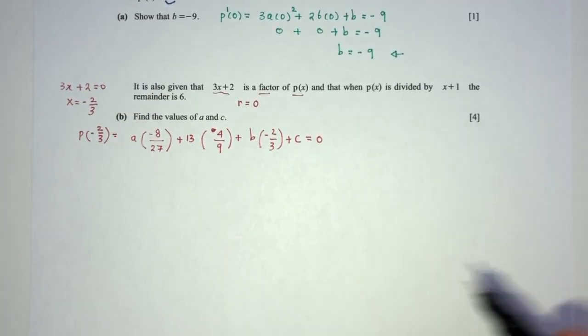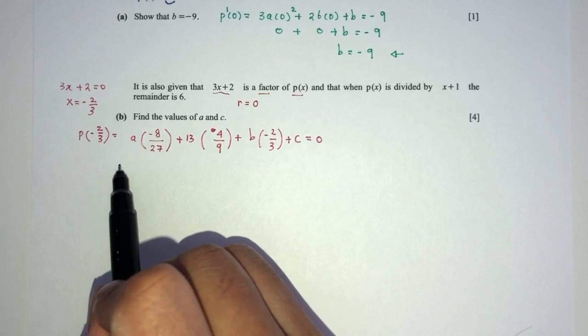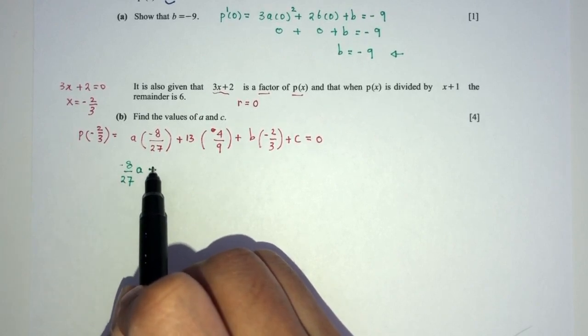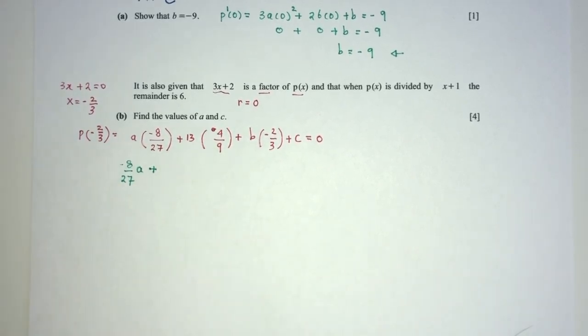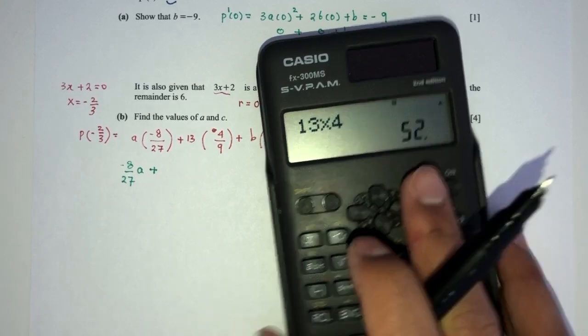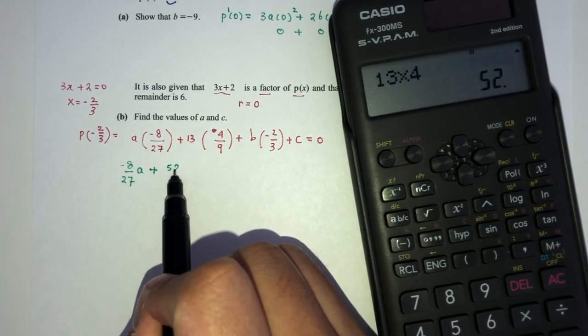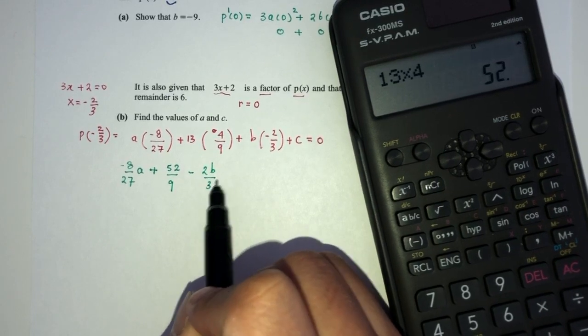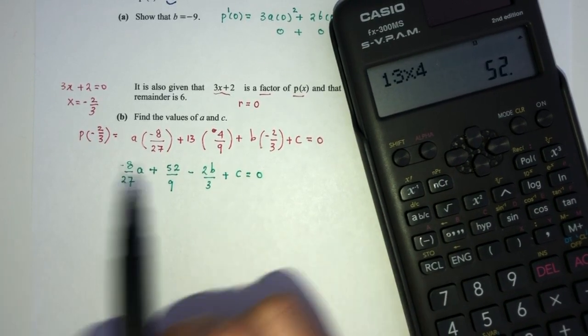Now we can simplify one by one. Obviously here we will have minus 8 over 27 a plus how much? 13 times 4, that'll be 52 over 9, minus 2b over 3 plus c has to be 0.